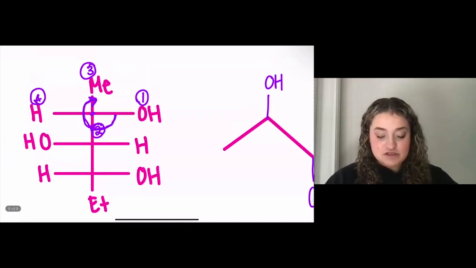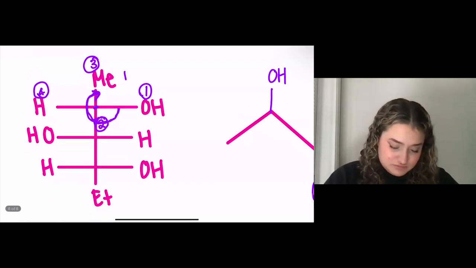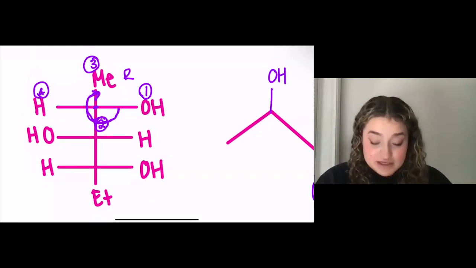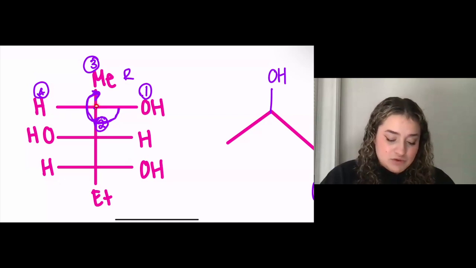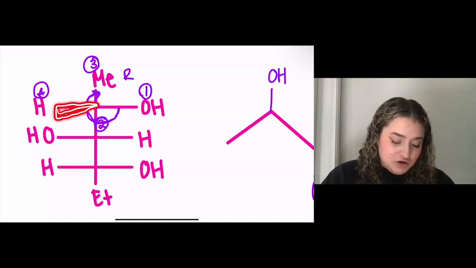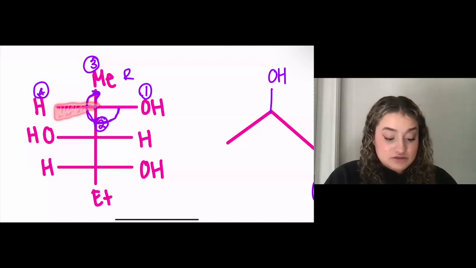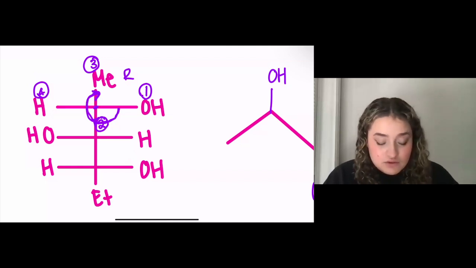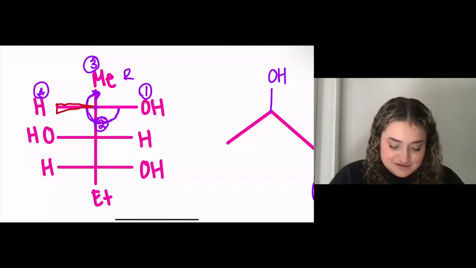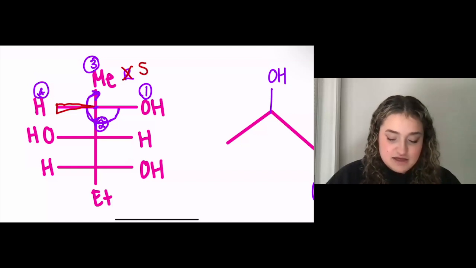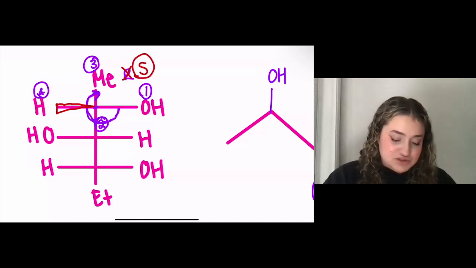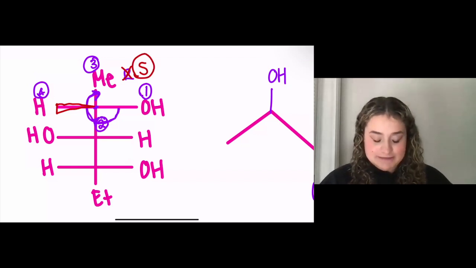Okay, this is R. Now my question to you is, what happens when my hydrogen, my lowest priority group, is on a wedge? You need to flip it. Duh. Hello. Okay, sorry. This is actually S. So I need my carbon 2 to have S stereochemistry.